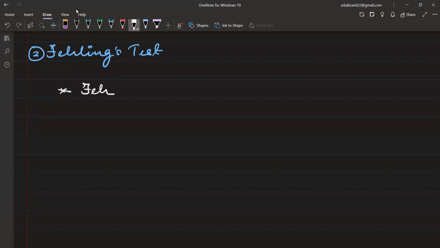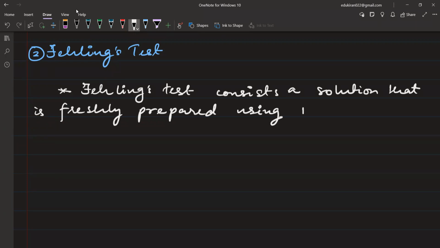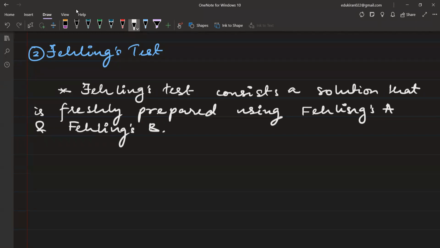Fehling's test consists of a solution that is freshly prepared using Fehling's A and Fehling's B. Okay. So what is present in Fehling's A? Please write.